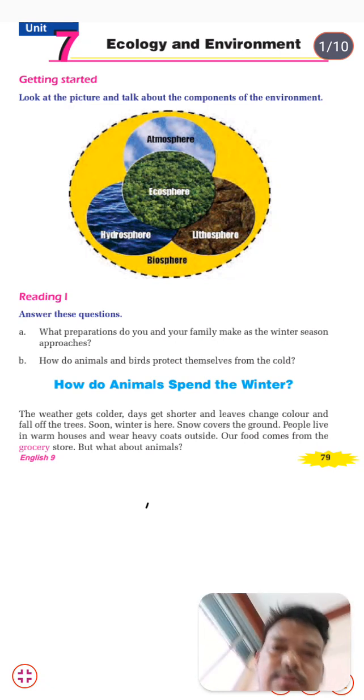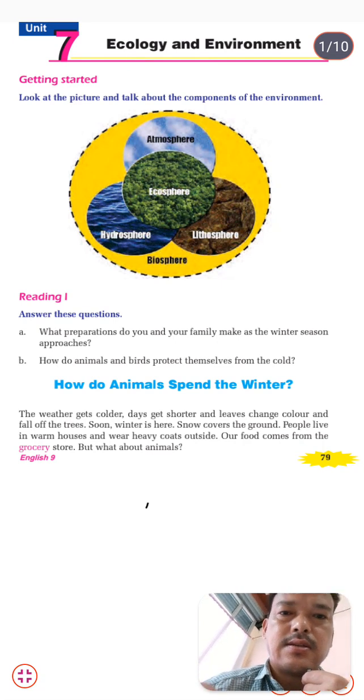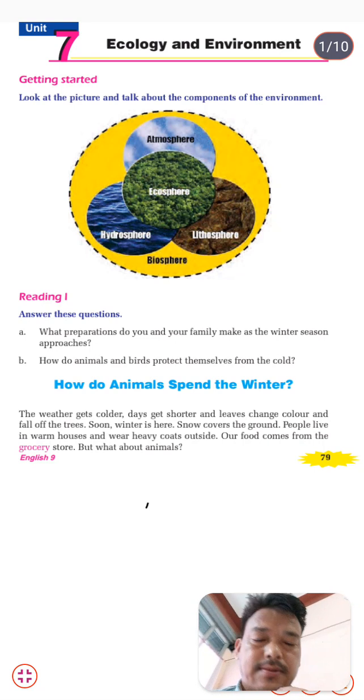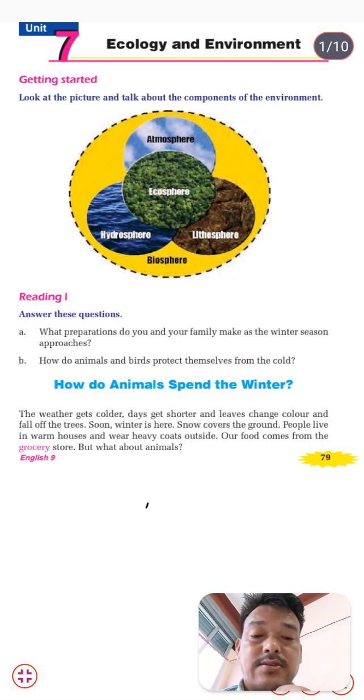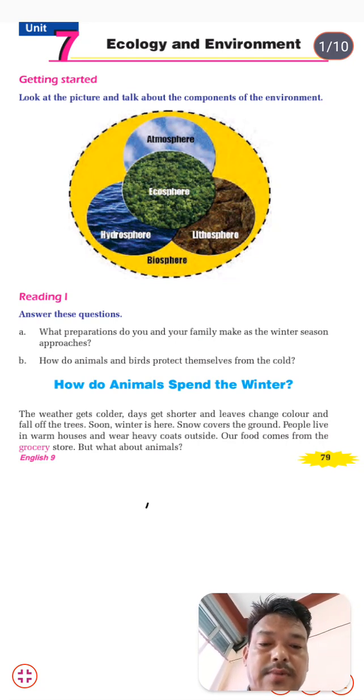Today we are going to study a very important topic, that is science and ecology and environment from Unit 7. So before we start this unit, let us know about ecology and environment.